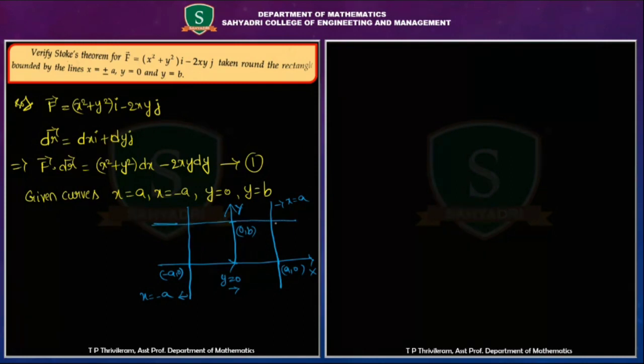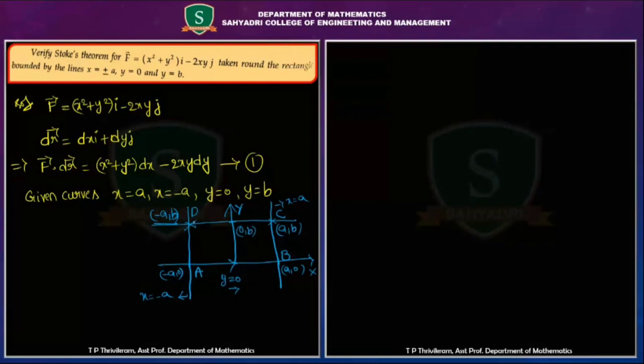Now you have to check the intersection points. I am denoting these as A and B, and this is C and this is D. So what are the points C and D? Point C is a comma b, because it is the intersection of x equal to a and y equal to b. Here D is minus a comma b.